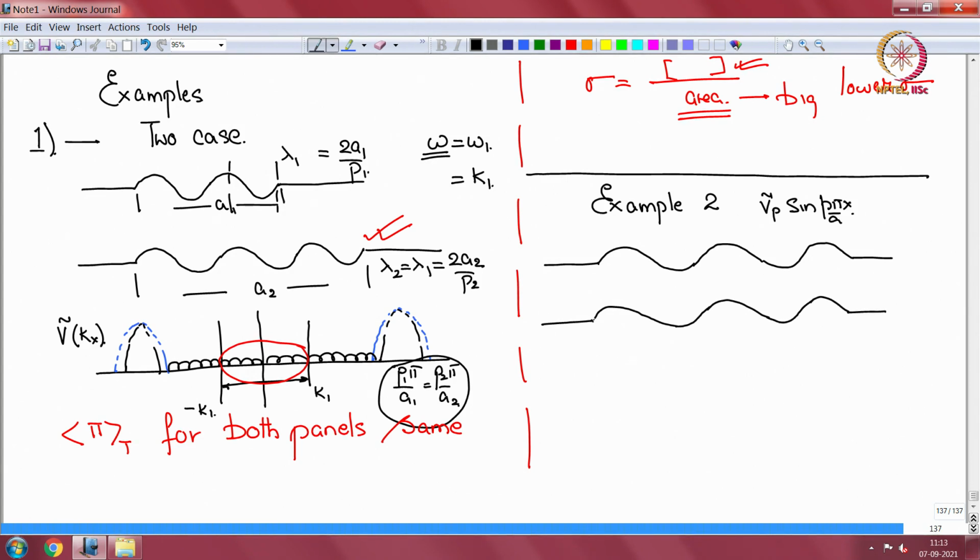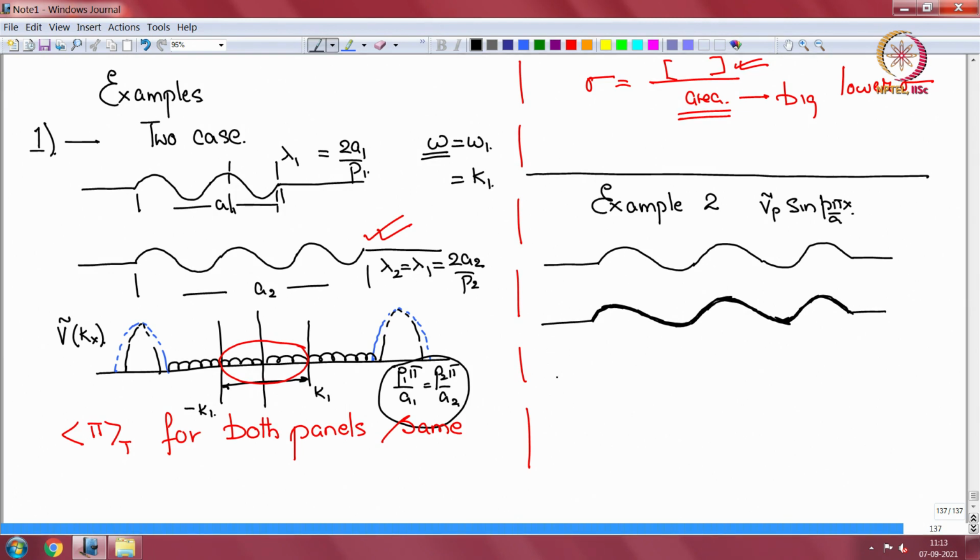But the second panel is thicker. The second panel is thicker, and they are vibrating at resonance.